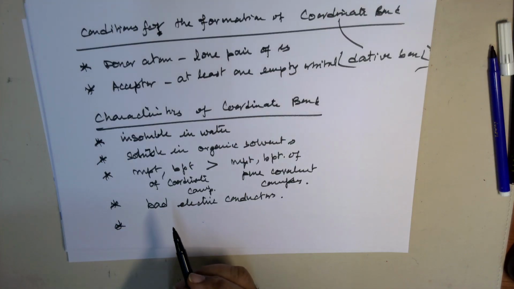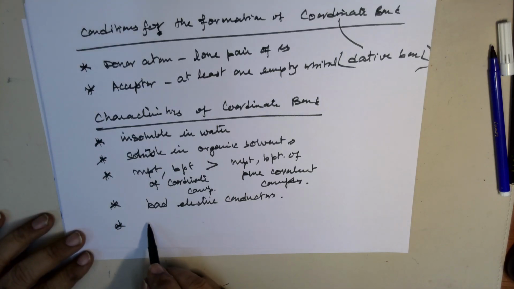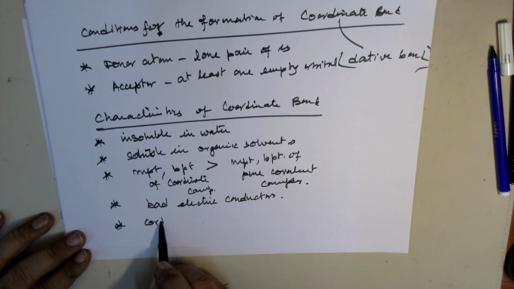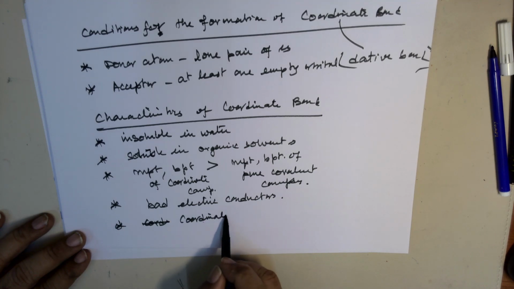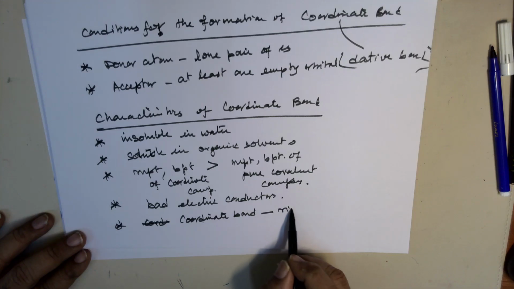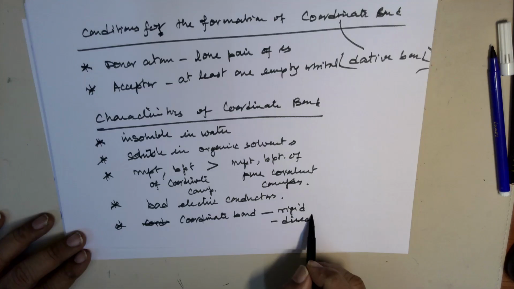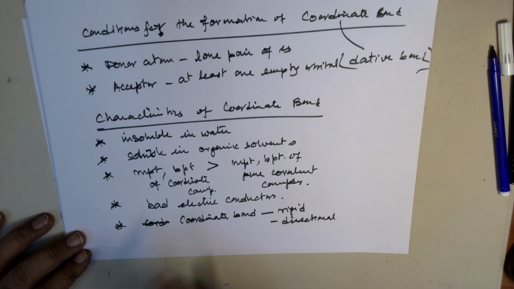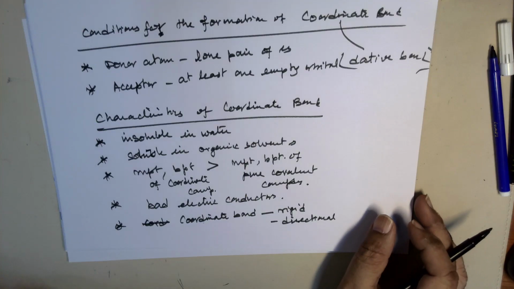Next point. The coordinate bond is generally rigid and directional. It means that they are directed towards the acceptor, not the other way.